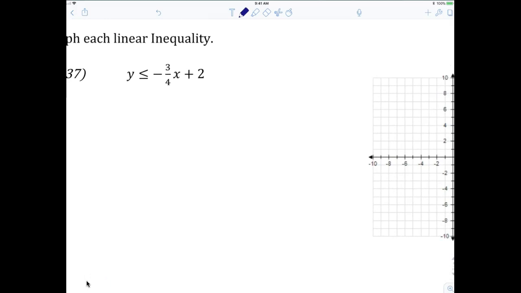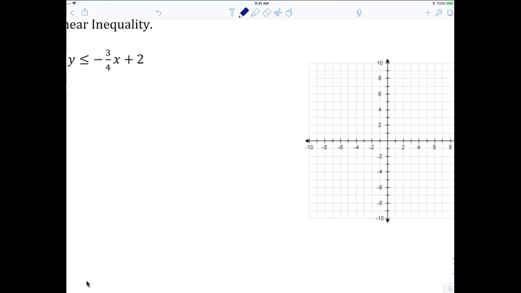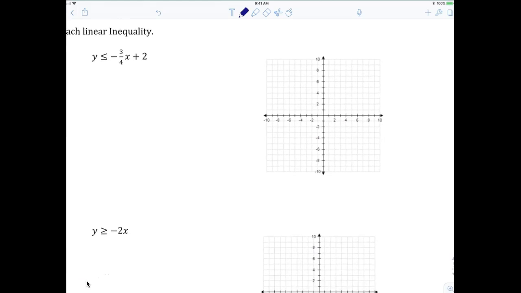All right, so somebody tell me how to graph this one. Good. And then what? And then you go down 3 and to the right 4. Beautiful. Down 3 to the right 4.